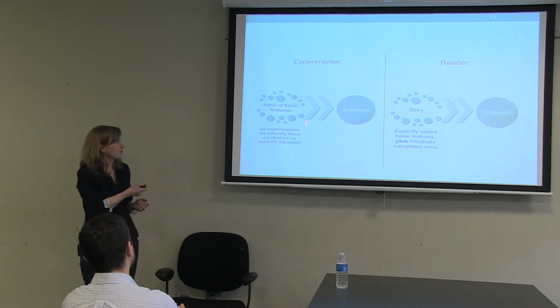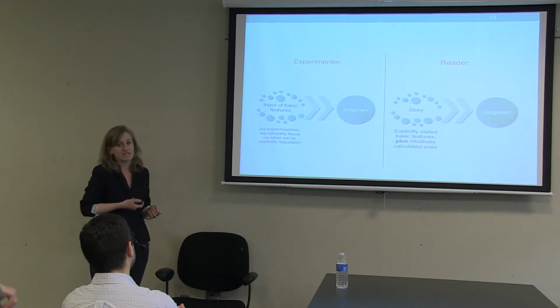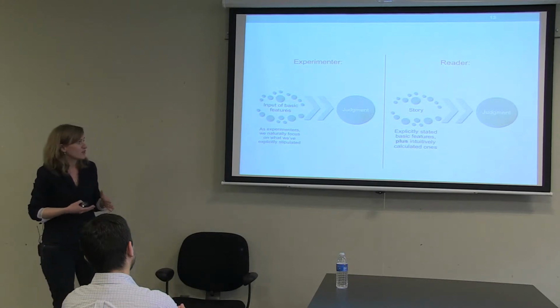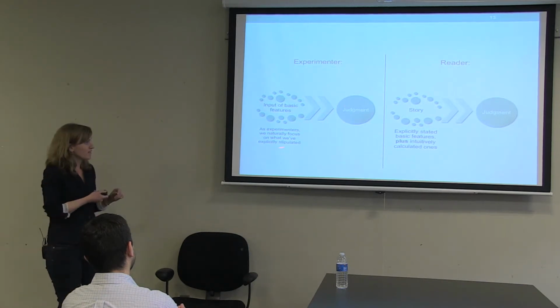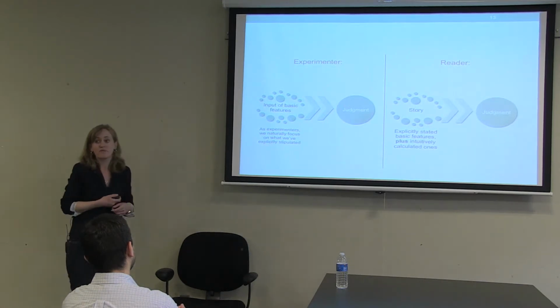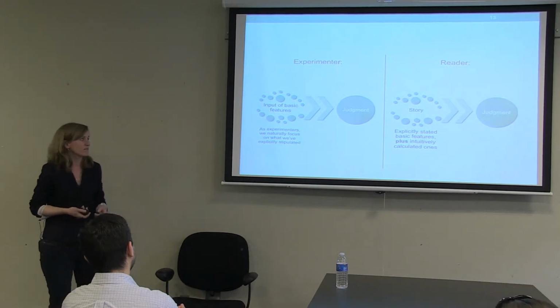And I'm going to really focus on what I've explicitly stipulated in my story. And then I see that producing a judgment, and I'll make some kind of interpretation of the significance of that judgment, often looking pretty closely at the relationships between my explicit stipulations and the outcome of judgment.